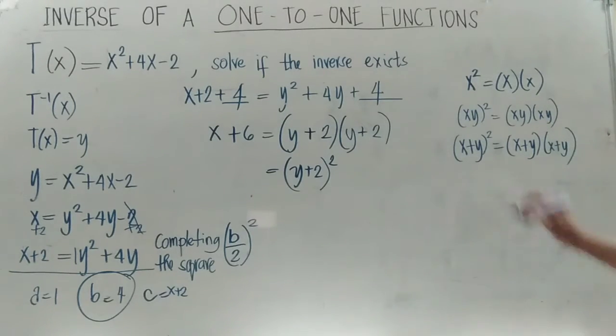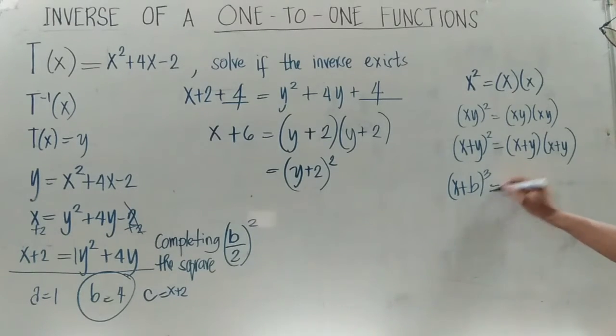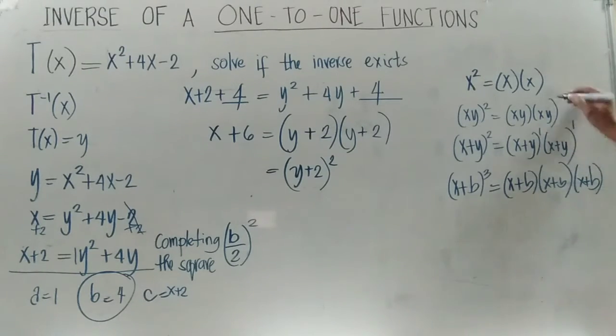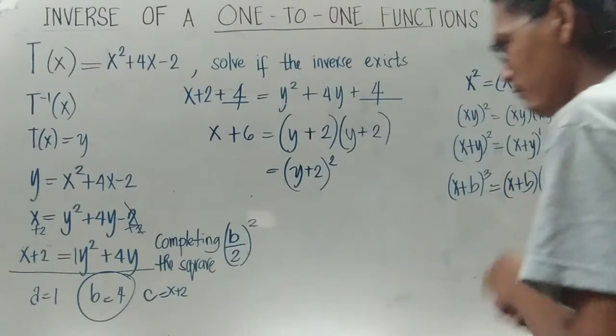Okay? What if we have x plus b quantity cubed, or the cube of x plus b? So we have x plus b times x plus b times x plus b. So we are just adding the exponents of the terms using the law of exponents, which is the product rule. We will add the exponents of the quantity if the bases are the same.